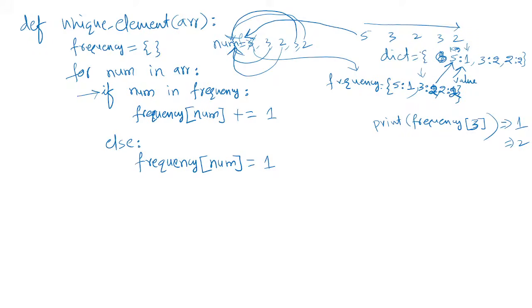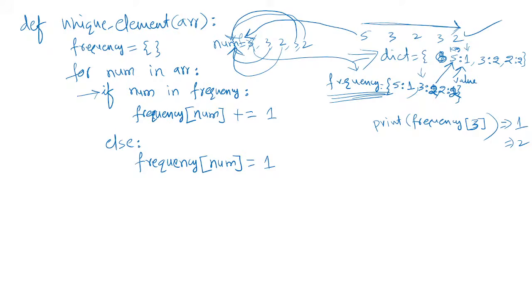Okay, so that's it, the array ends here. Once you come out of the for loop, that means you have traversed the entire array once, counted each element's frequency and stored it in the dictionary. So this is our frequency dictionary. Now you need to check for a key whose value is equal to 1.